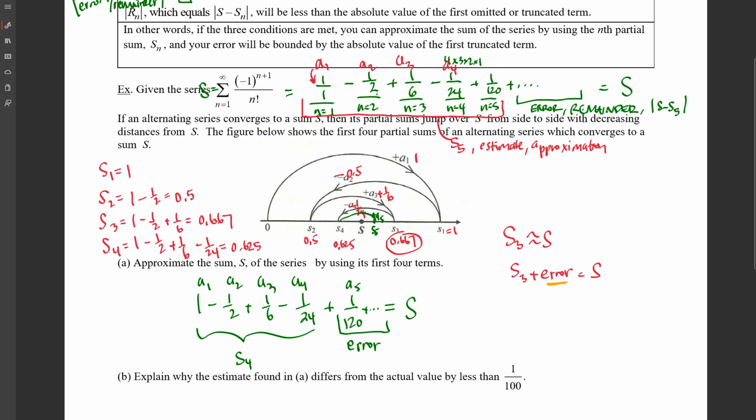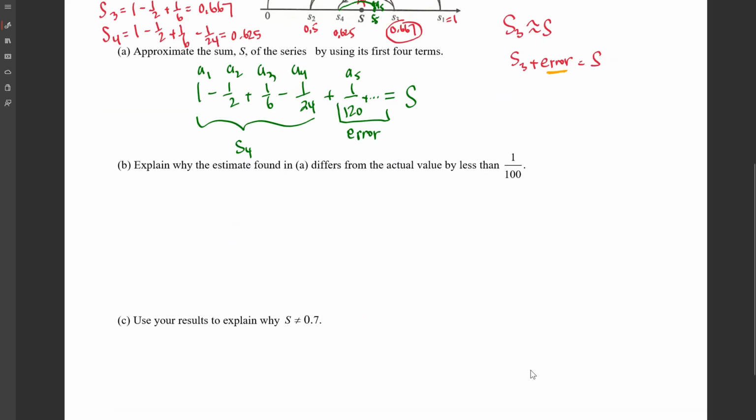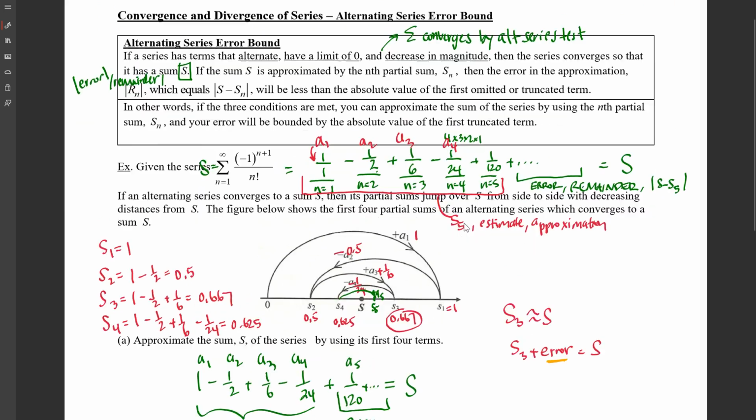And that's a pretty cool principle. If the problem says, explain why the estimate found in A differs from the actual value by less than 1 over 100, this is what I would write for the answer. I would write, first I have to say that this condition applies here. The series converges by the alternating series test.